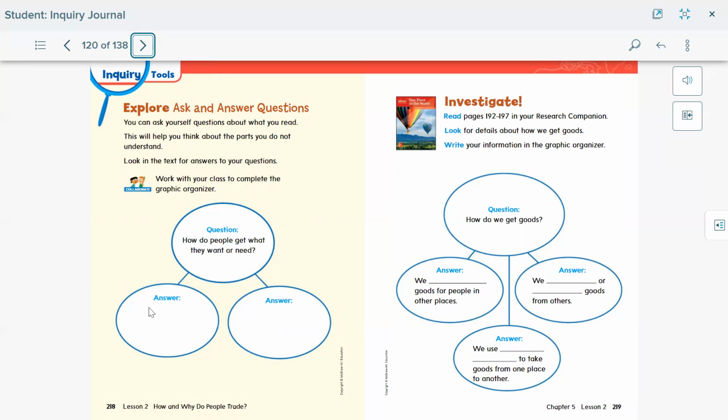And that's evidence and shows that we understand what we are reading about. Question: how do people get what they want or need? So how do they do that? We know that people trade, like when we saw the friends that trade the snacks or the fruits in their snack time, and when people use money to buy goods. So we're going to write this down.